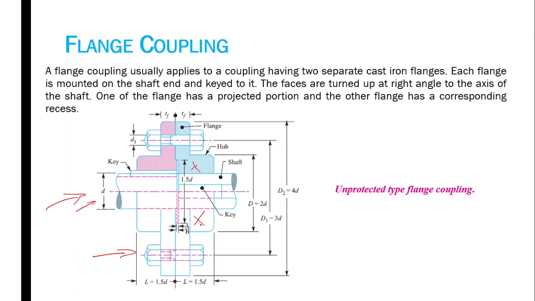These are also part of the hub. Then these are the flanges, and this particular part is the shaft, and this particular part is the key. And nut and bolts are also shown in this figure.